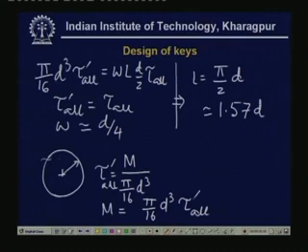So this is the minimum length required, and if you have this length, then the strength of the shaft will be equal to the strength of the keys as far as shear is concerned.